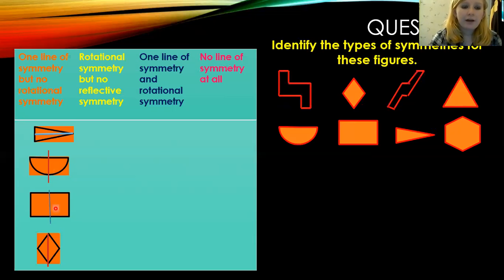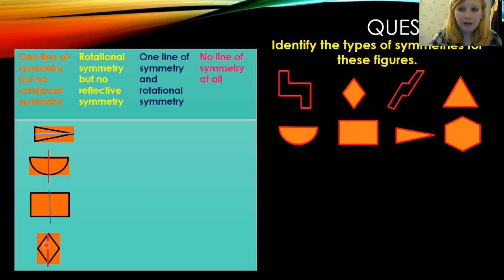Now, on the previous slide, a rectangle had more than 1 line of symmetry, but in this case, it does not have rotational symmetry, so it only has 1. Same goes with the rhombus. It has 2 lines of symmetry, but it's asking for 1 line of symmetry, but no rotational symmetry.